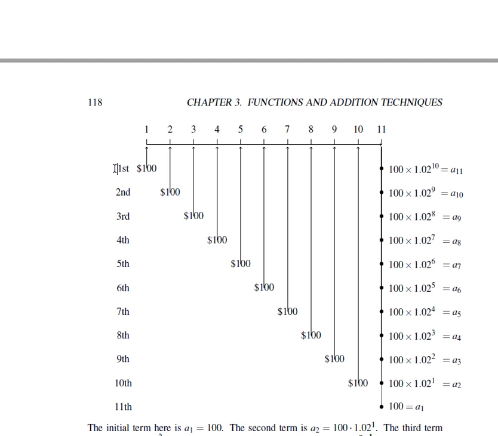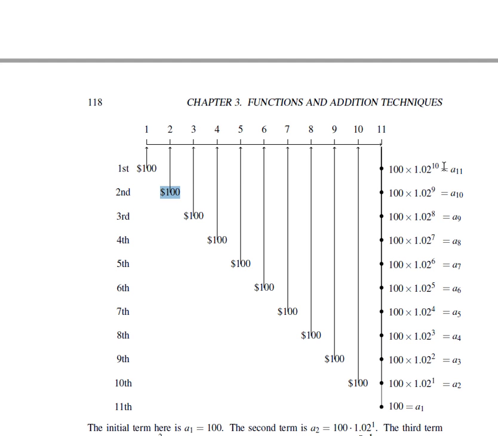For the second 100, this person may decide that at the beginning of the second year, they want to deposit another 100. So every year, at the beginning of every year, this person may deposit $100. Then the second 100 will no longer receive 10 years of interest.